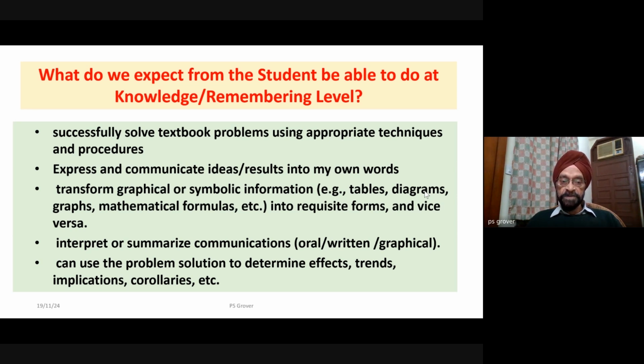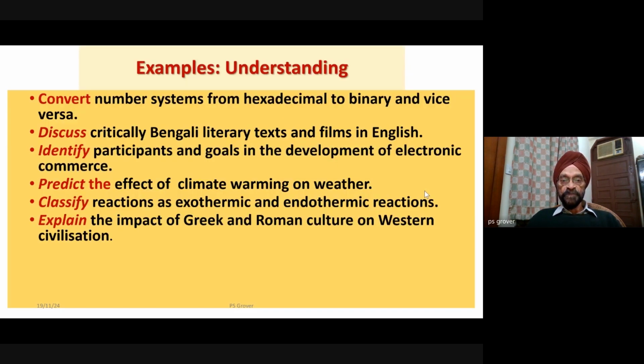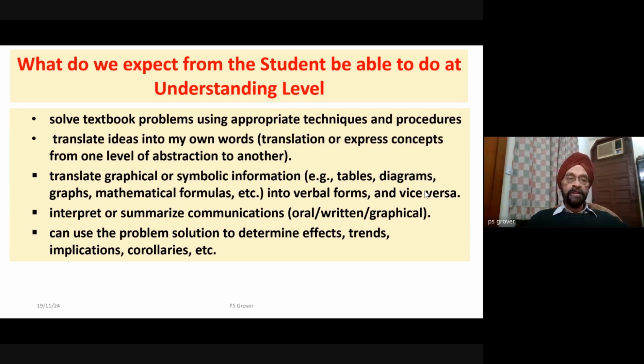So he can express and communicate ideas and results in his own words, transform graphical or symbolic information, tables, and diagrams into charts, etc. So these are the introductory things which a student is expected to know and reproduce, and we say these are at the lower levels.